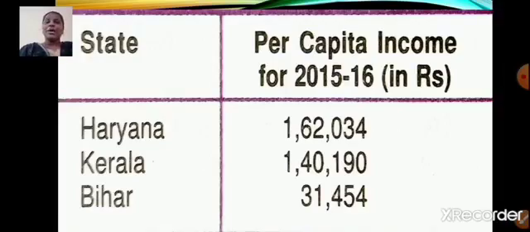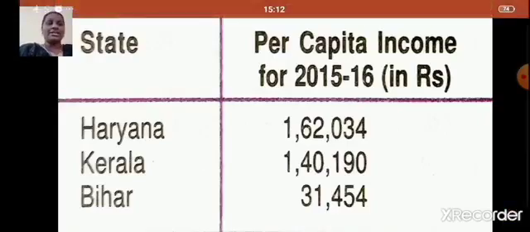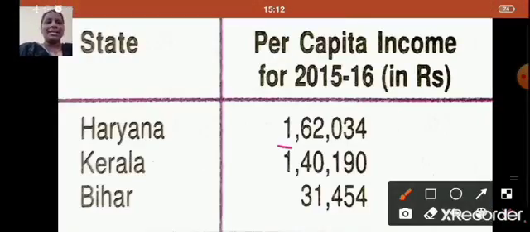Here we are going to compare 3 states, Haryana, Kerala and Bihar, in terms of per capita income. For the year 2015-16, the per capita income of Haryana was 1,62,034. For Kerala, it was 1,40,190.